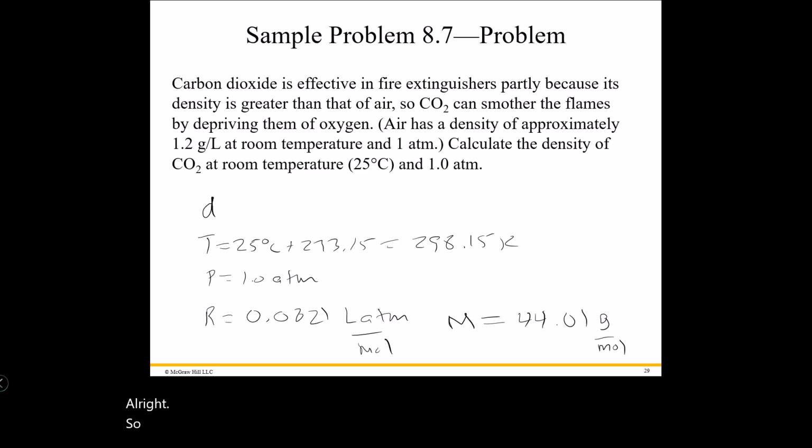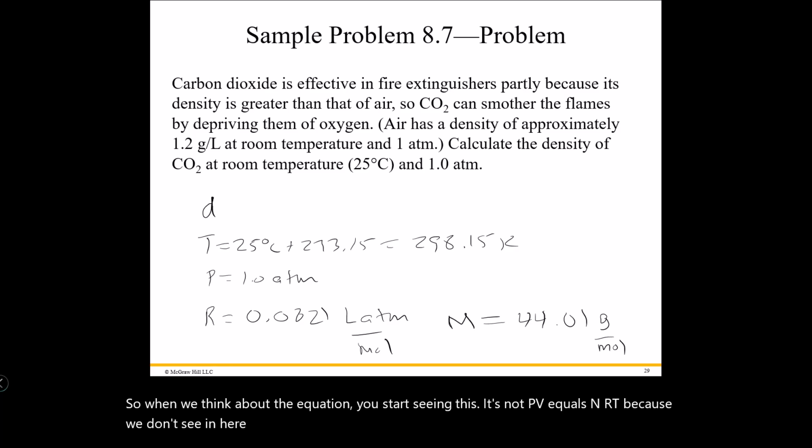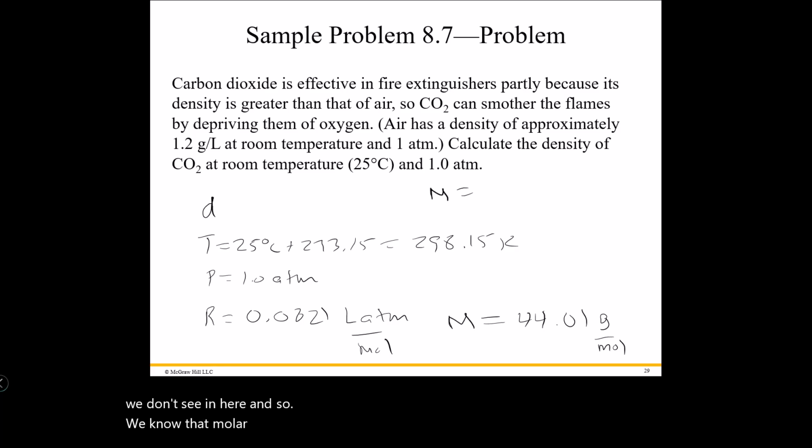So when we think about the equation, you start seeing this. It's not PV equals nRT because we don't see n here. And so we know that molar mass is equal to density times R times T over P. Okay, so we have all of these.